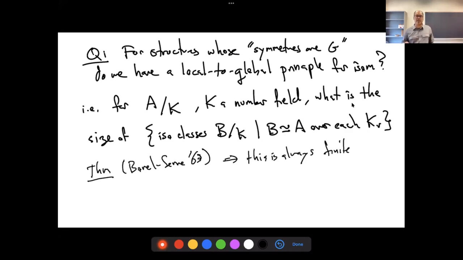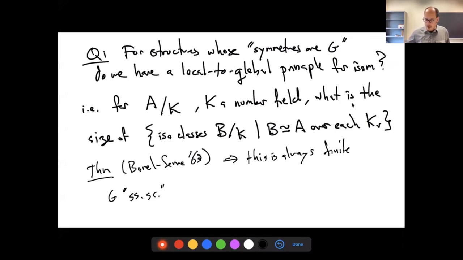For more specific assumptions about the structure of your groups, so for example, if G is so-called semisimple, simply connected, one can actually show, and this is an important result of Parimala and of Bayer-Fluckiger, that you are locally entirely determined.